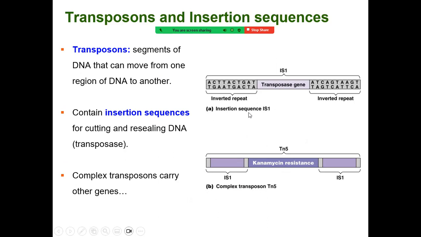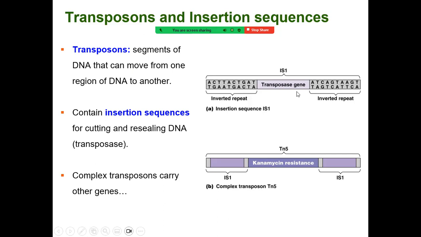The transposon always has at least the transposase gene in the transposon. And simple transposons only have the transposase gene and the inverted repeats at the edges of it.